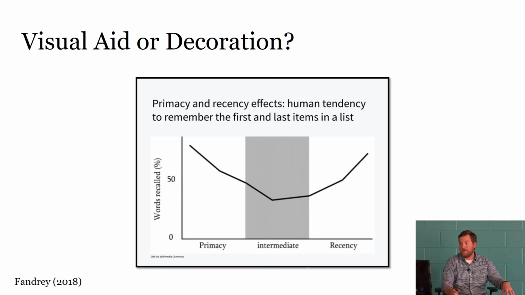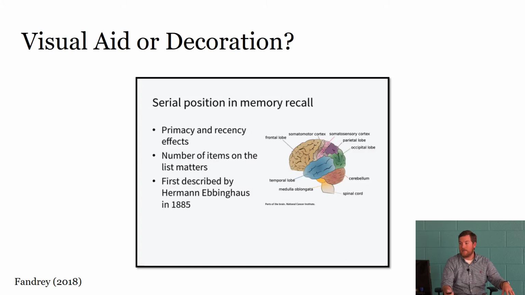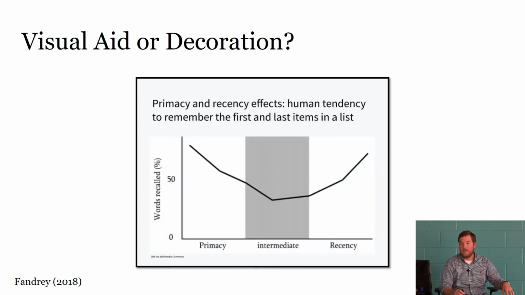So going back to that slide versus that slide. This is actually something that we'll talk about in a few minutes. This is a strategy called assertion evidence, where you make an assertion and then you have some sort of visual evidence to back it up.